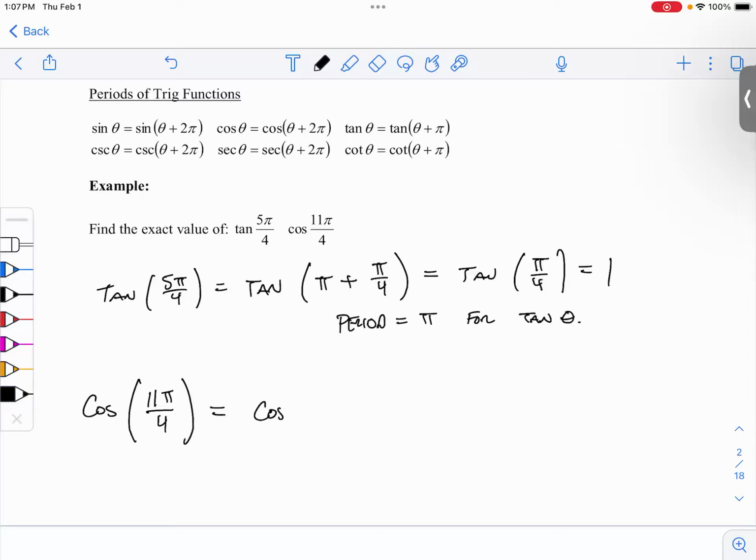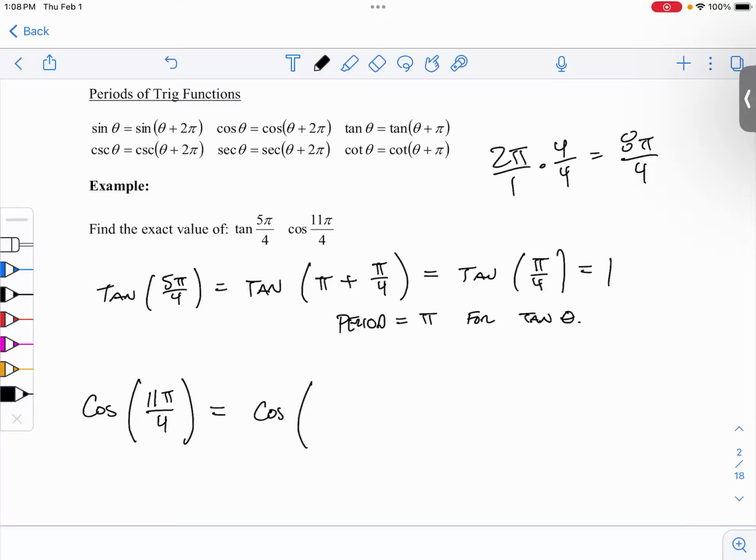Similarly for cosine, right? And if you can't immediately look at this and pull out how many 2 pi's is 11 pi over 4, break it down as a fraction. 2 pi equals, actually, let's do this. 2 pi over 1, turning that into fourths, becomes 8 pi over 4.